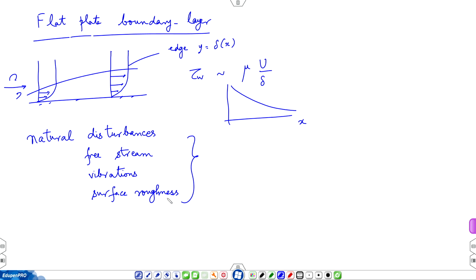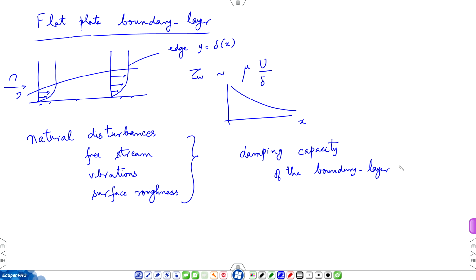So, the damping capacity of the boundary layer. What is the damping capacity of the boundary layer?